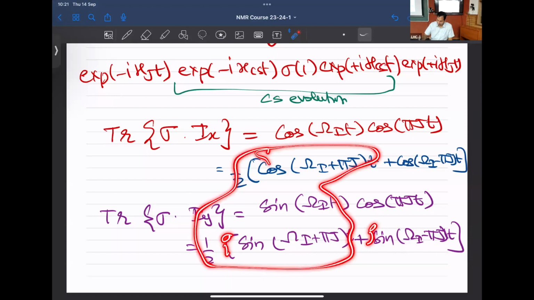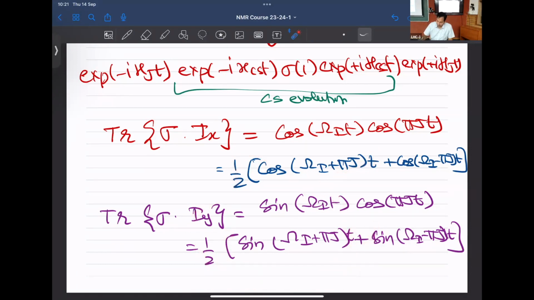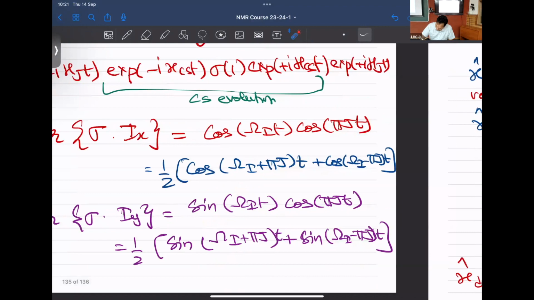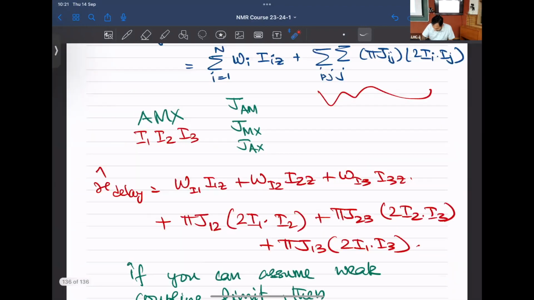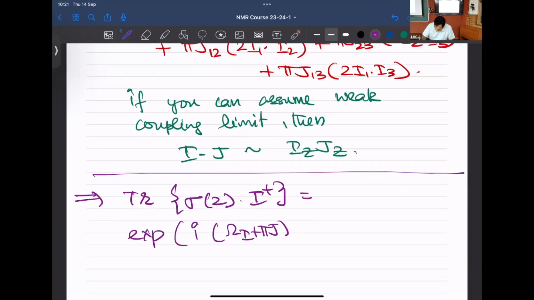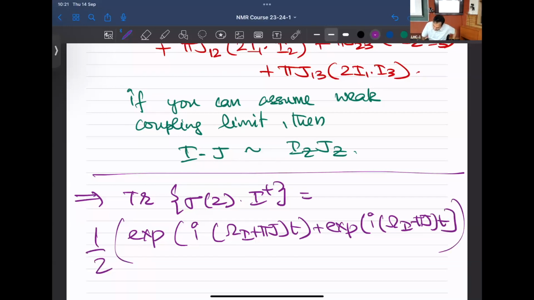So you're going to have an exp i times (omega I plus pi J) t plus exp i times (omega I minus pi J) t. Okay, take it, enjoy. We are not worrying about any prefactors that exist. Don't worry about it. We are only looking at proportionality. So let's write it as proportional. So is that okay?